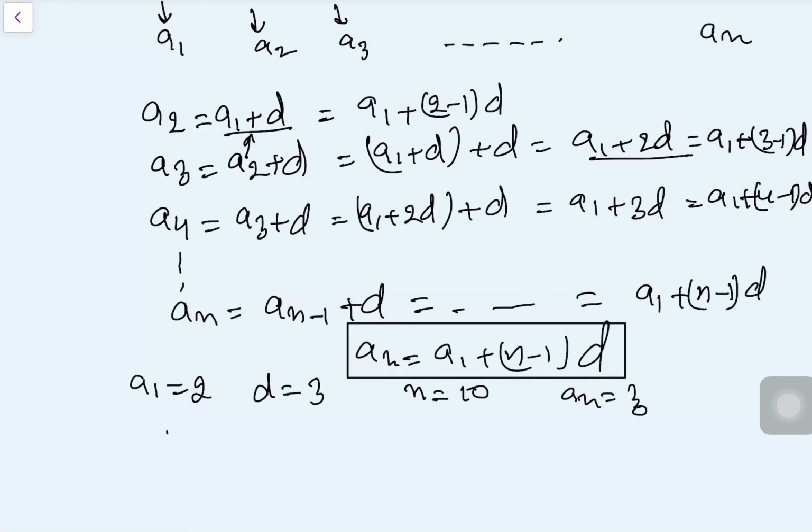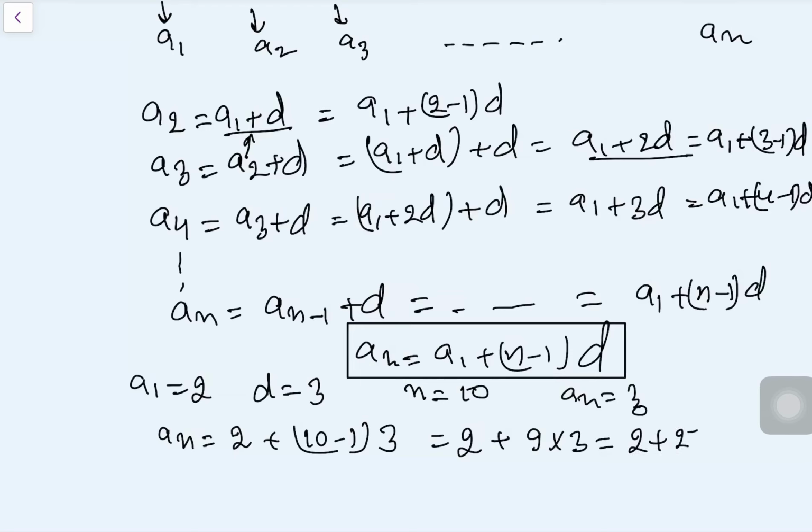Using our formula, An is equal to 2, replacing A1, plus 10 minus 1, times D which is 3. So we can write 2 plus 9 into 3, which is 2 plus 27, which is equal to 29. So A10 is 29.